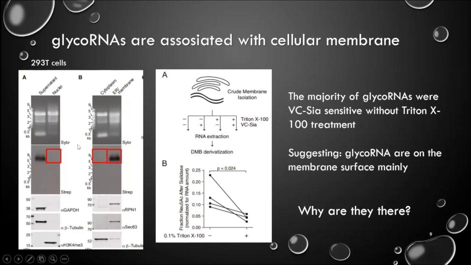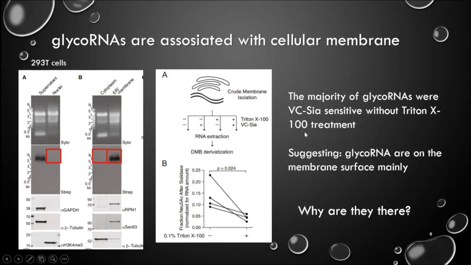Interestingly, in panel AB here, you can appreciate that there was no glycoRNA band appearing in the nuclear and cytoplasmic areas. However, the signal was in the membrane part. As we know, the membrane has a very defined topology, and the question was whether the glycoRNA is located on the luminal or external part of the membrane.